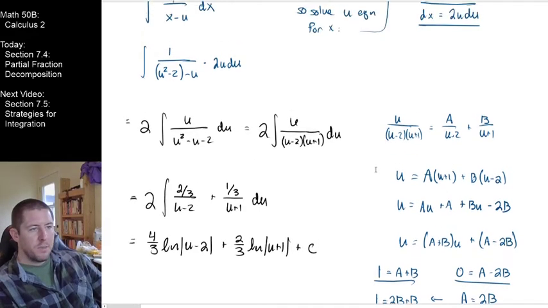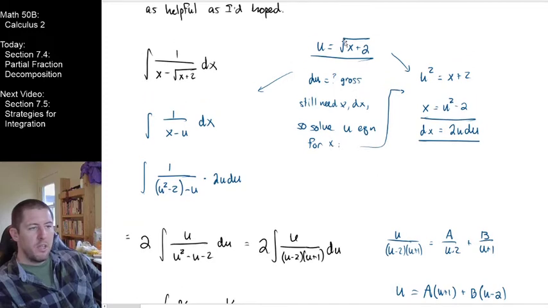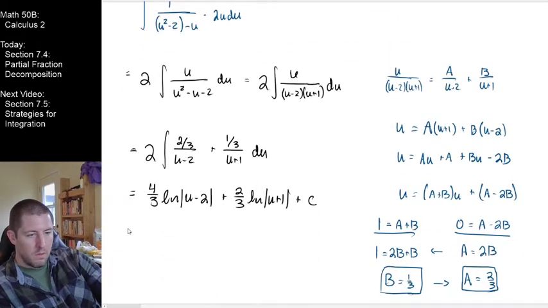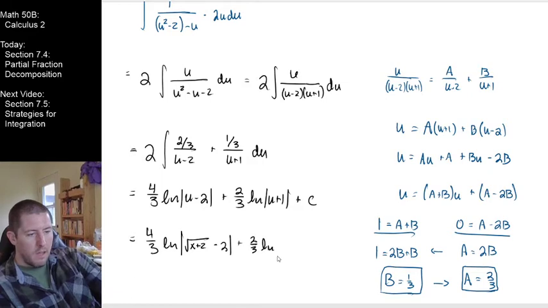I just want to rewrite it in terms of X. What was my substitution? U was square root of X plus 2. All right, all good there, and we've got ourselves a final answer.